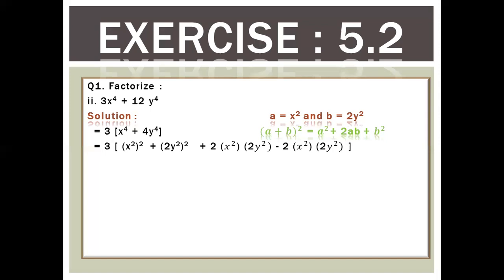The 2ab term is missing. We see in our question, a is x square and b is 2y square. We can find 2ab easily: 2 into x square into 2y square. It means that to complete the formula, we need 4x square y square.